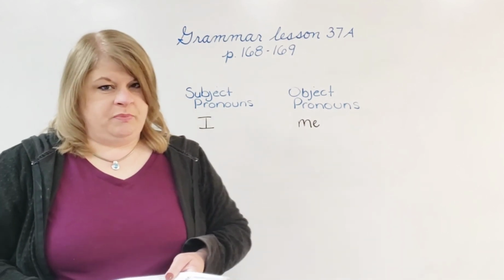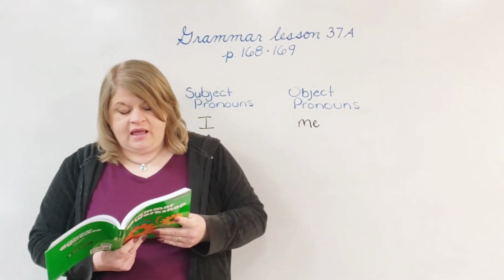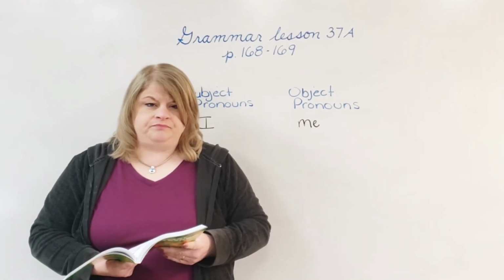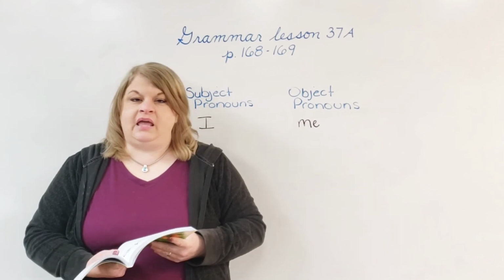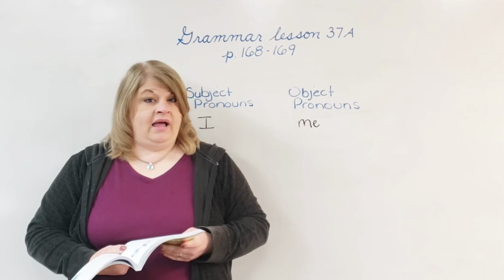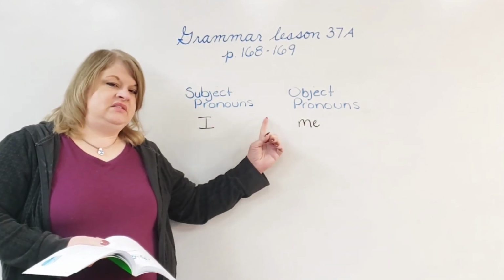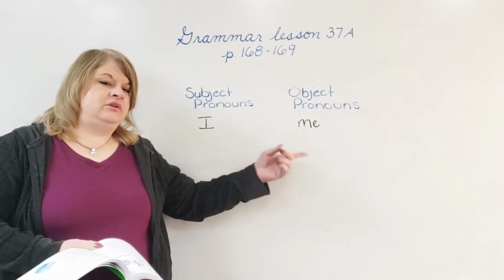This is where we speak incorrectly. In June, my sister and I held a garage sale. You should not say, my sister and me held a garage sale. Why? My sister and I held. That's the verb. I held a garage sale.